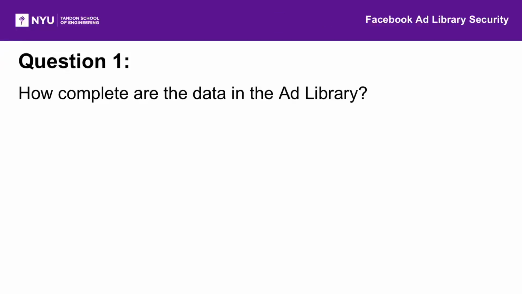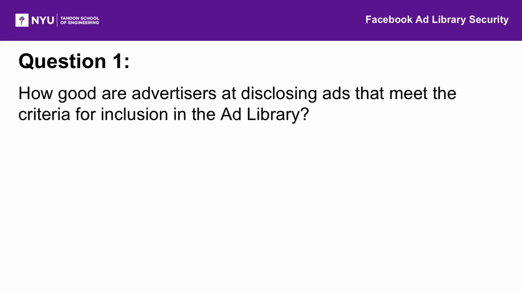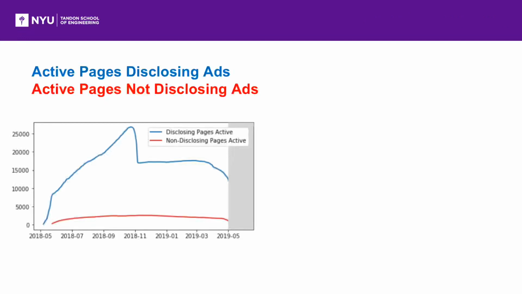So, for that first question, we're trying to ask how complete are the data in the ad library, and a more specific version of that question is how good are advertisers at disclosing ads that meet the criteria for inclusion? So we can start by just looking at the number of pages with active political ads in a given week who are disclosing their ads and the number who are not disclosing their political ads.